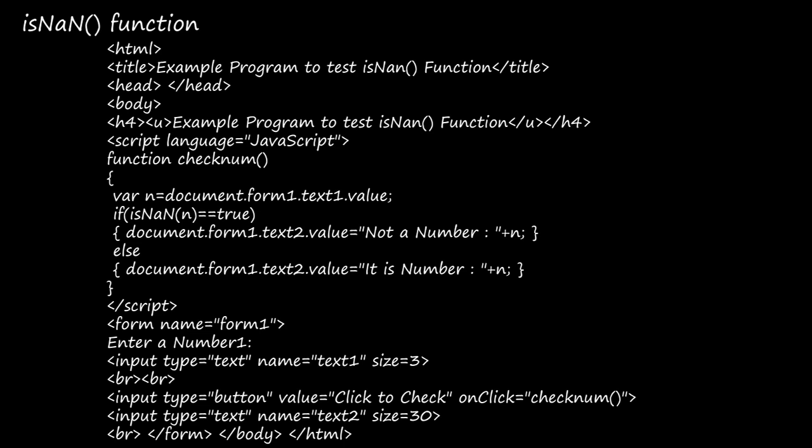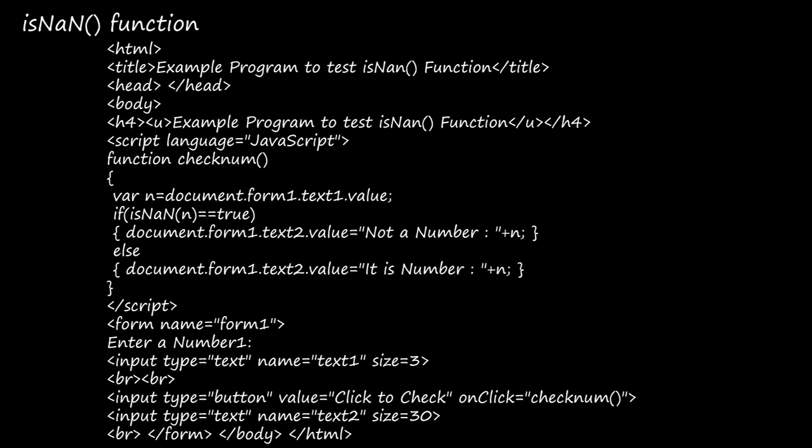Then we close the script tag, that is slash script, and then form name equal to form1. The name of the form we are giving is form1, inside double quotes, and after that "Enter a number". This will be displayed on the output side.